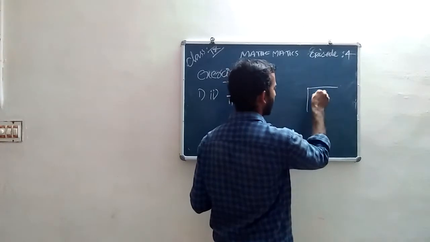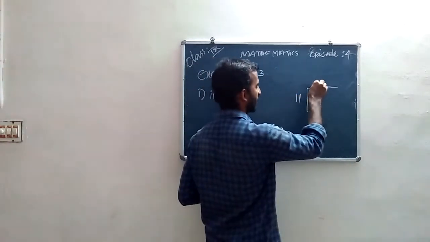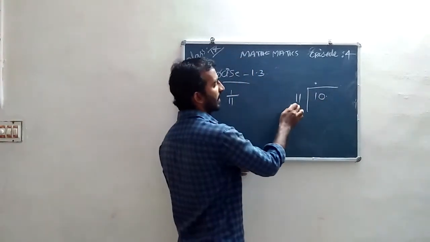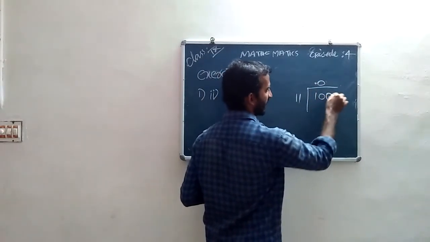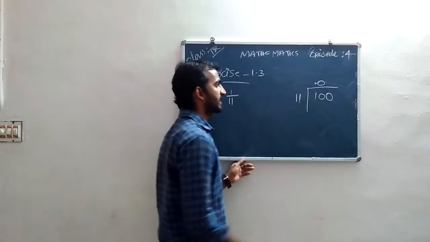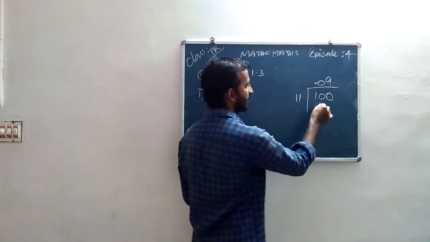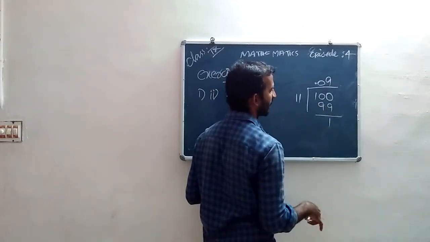We make the division 1 by 11. We get 0, then 10, which is less than 11, so we add one more 0 and get 100. 11 times 9 is 99, and we get remainder 1.